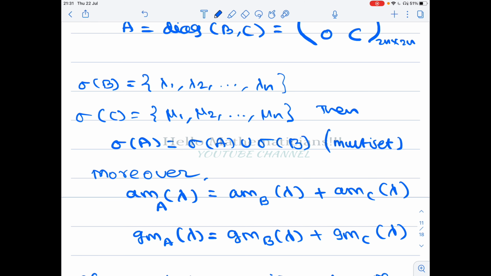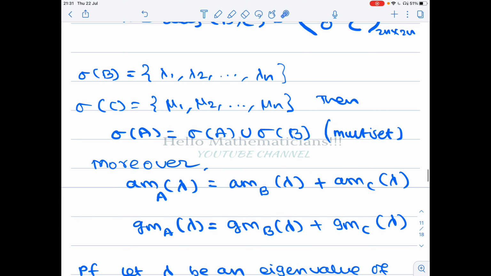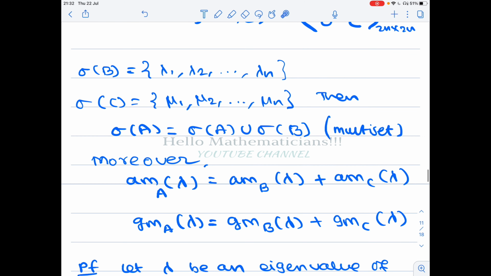Multi-set means that suppose here the eigenvalue 1 occurs 5 times, and here 1 occurs 7 times, then in A, 1 occurs 12 times. So we have to take everything with multiplicity. Usually in a set we don't write a number twice, but here you have to make sure that each is repeated that many times. That is the difference.